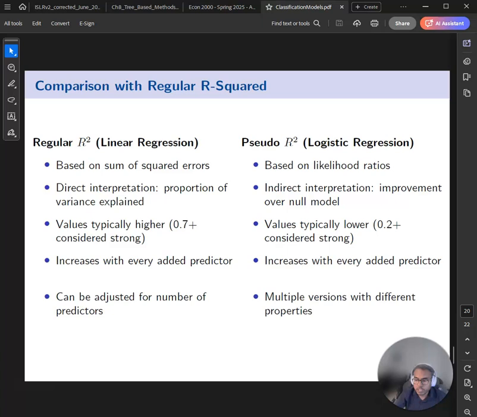Pseudo R-squared also increases with every added predictor and can lead to overfitting. And we have multiple versions with different properties, which can sometimes give us different results for the same model. Understanding these differences is crucial when you are evaluating logistic regression models, especially if you are already familiar with linear regression.